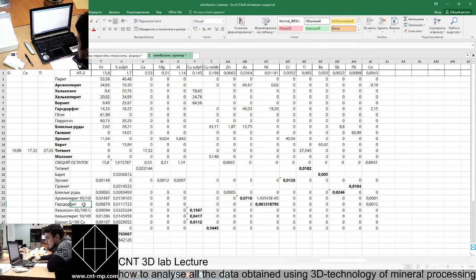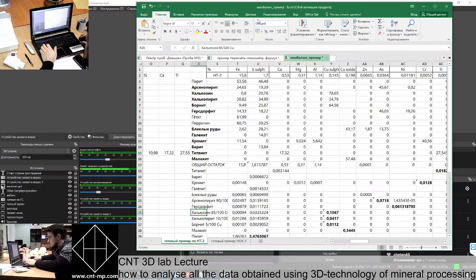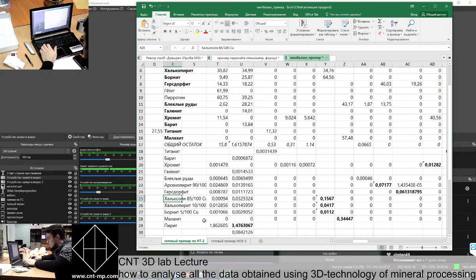For example, we studied that the distribution is 85% chalcocite, only 10% chalcopyrite and only 5% bornite.